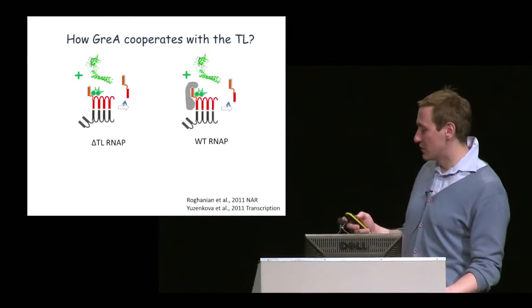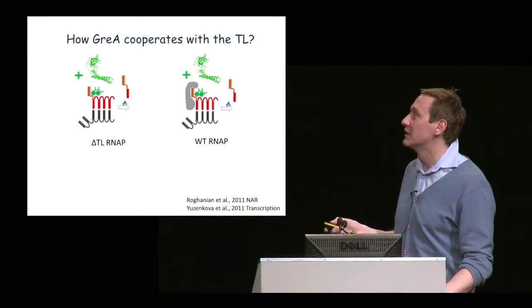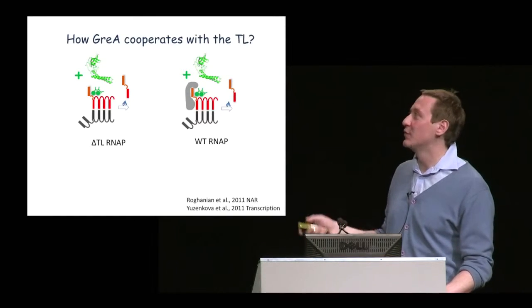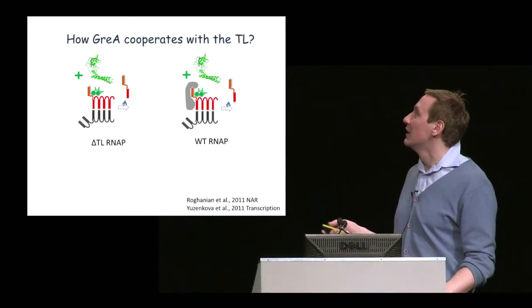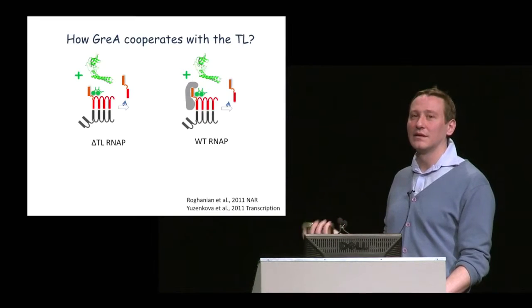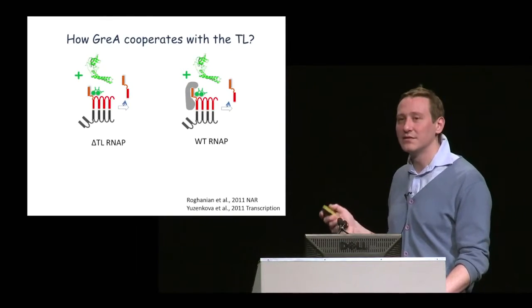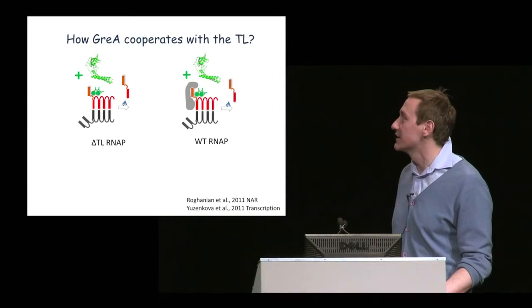So what we did, we used our favorite enzyme with the deletion of the trigger loop that, again, I purified many years ago, and wild-type enzyme, and compared the GreA-assisted cleavage reactions with these two enzymes.